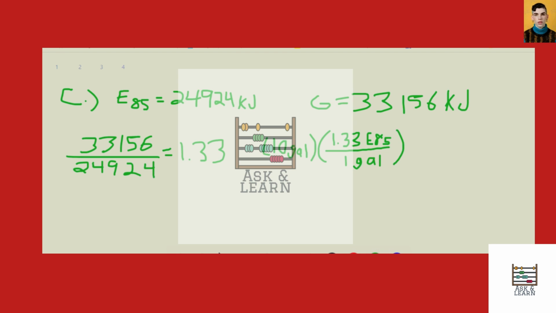So that means that we would need 13.3 gallons of E85 to produce the same amount of energy as 10 gallons of gasoline.